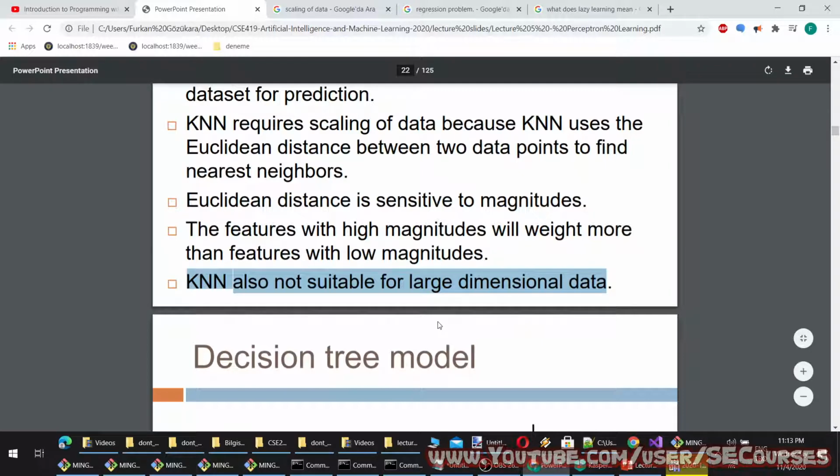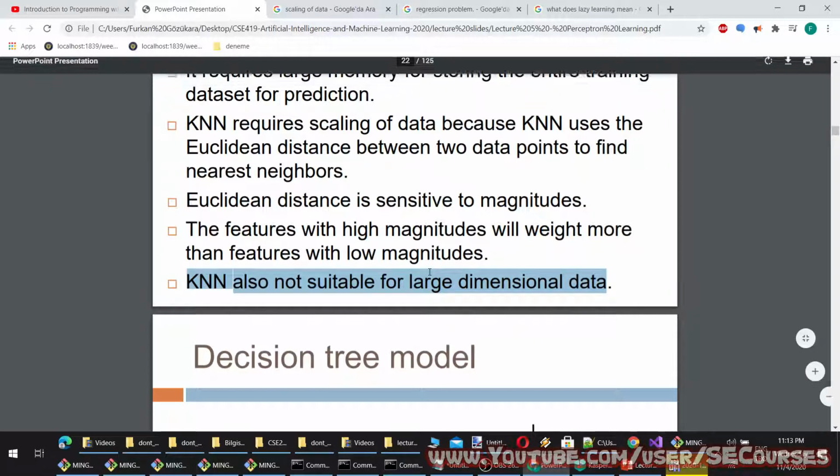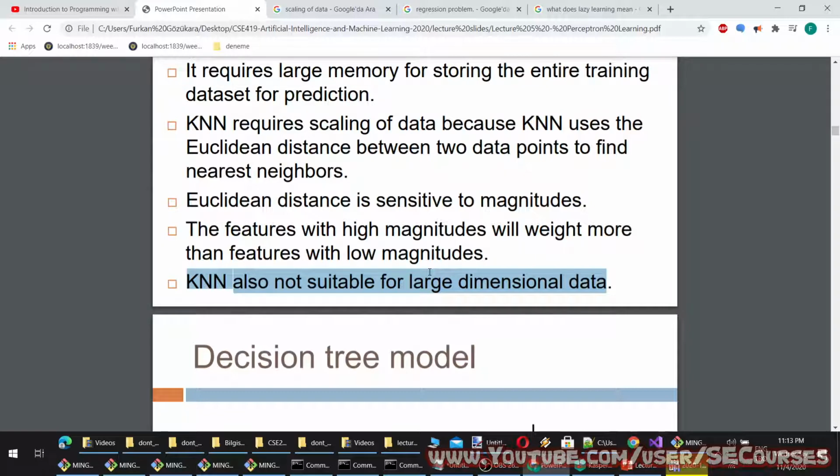KNN is also not suitable for high dimensional data. For example, text classification. In text classification, every word is usually a dimension, a feature. Therefore, you can have hundreds of thousands of dimensions if you consider each word as a feature, as a dimension.